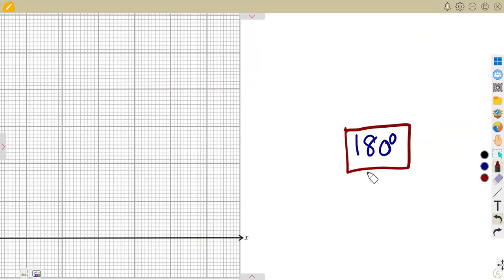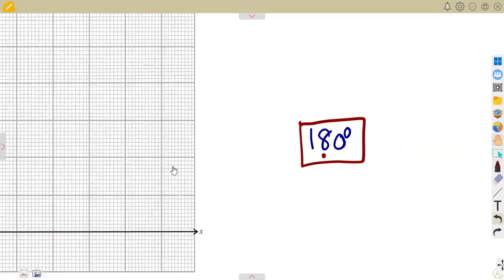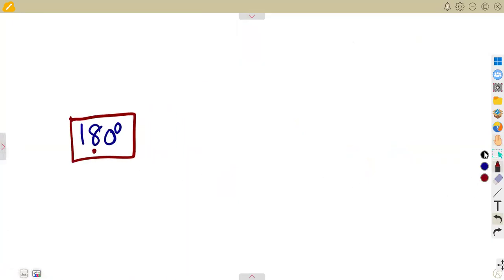So we want to see this special type of rotation of 180 degrees. What is special about this? Remember a triangle is a shape with three sides.